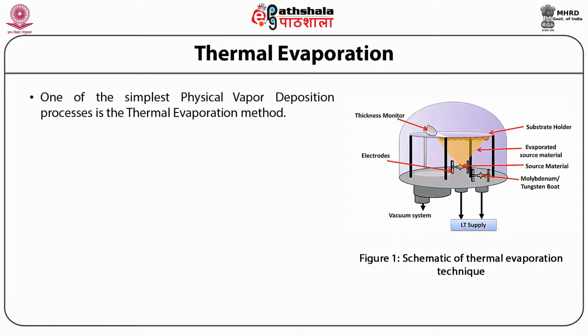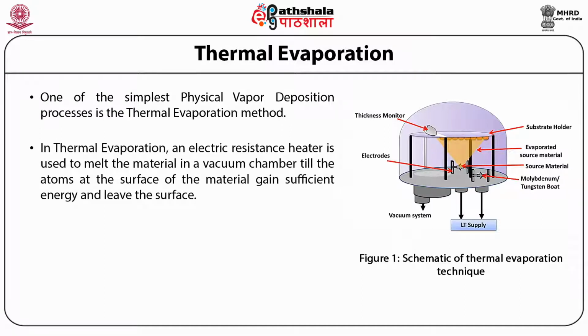physical vapor deposition processes. In thermal evaporation, an electric resistance heater is used to melt the material in a vacuum chamber till the atoms at the surface of the material gain sufficient energy and leave the surface, as shown in this figure.